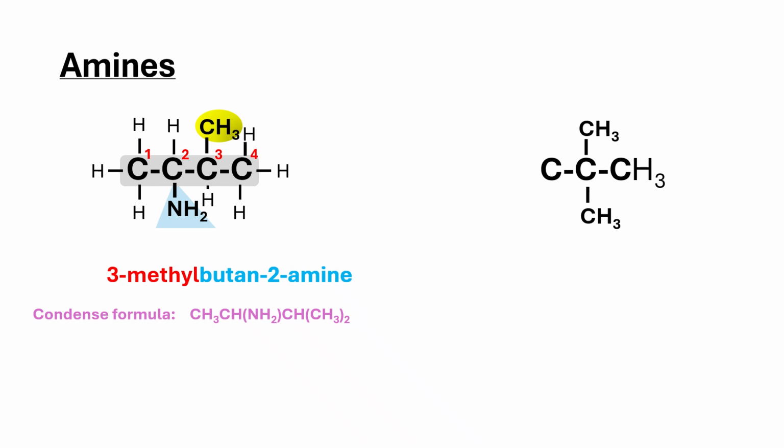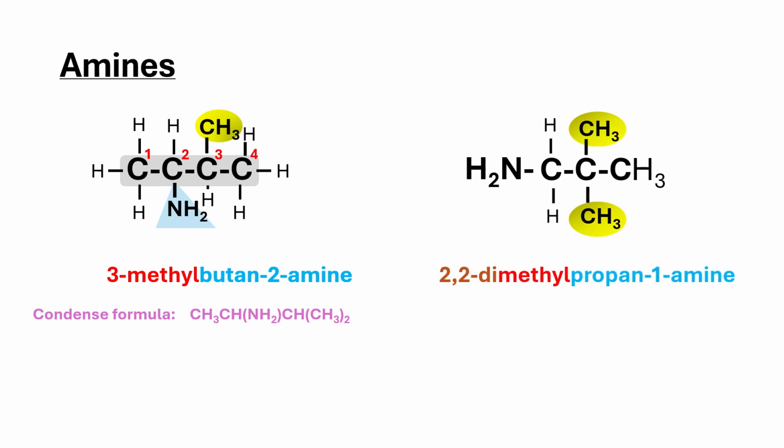So here we have 3 carbons in the backbone, the main chain, and we've got 2 side chains here. So I've got the amine, and let's fill up the gaps with hydrogen, making sure that each carbon has 4 covalent bonds all together. This one, we've got 2 methyl groups.